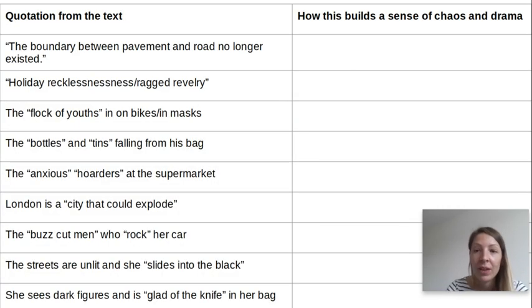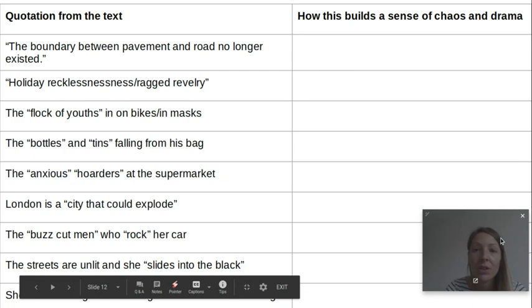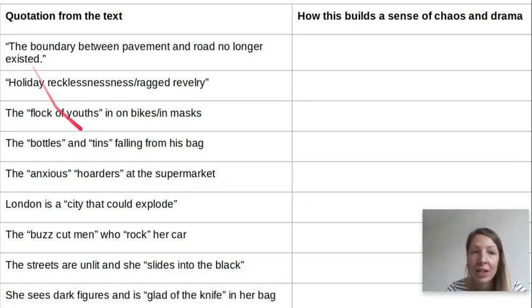Okay, now here's the table that I'd like you guys to fill in. On the left-hand side, hopefully some of these are the quotations that you guys will have found from the text, quotations that build a sense of chaos and drama. And it is a really dramatic scene, isn't it?